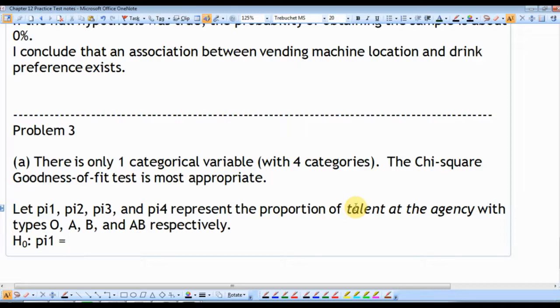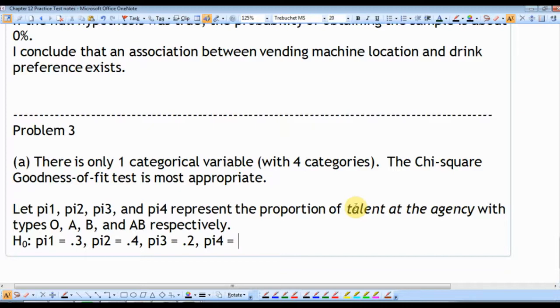Pi 1 is 0.3, pi 2 is 0.4, pi 3 is 0.2, pi 4 is 0.1.